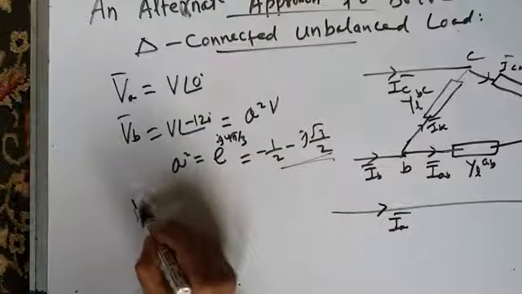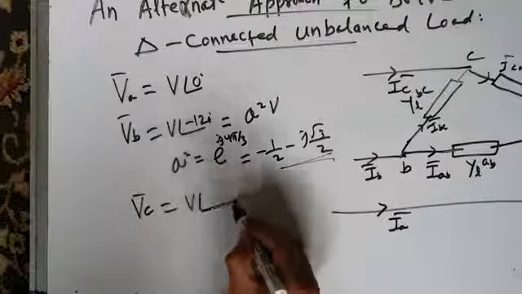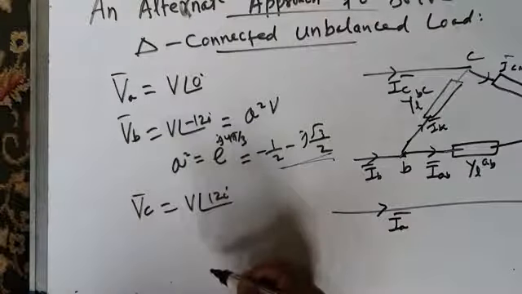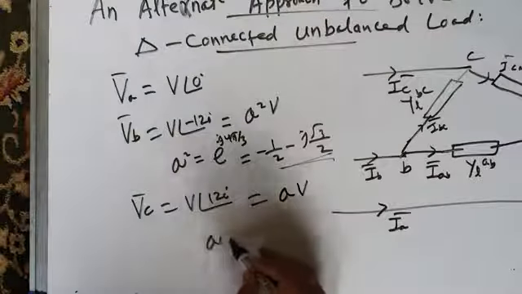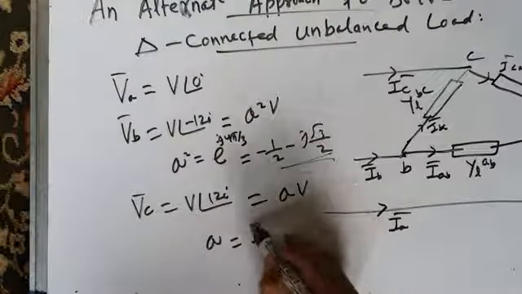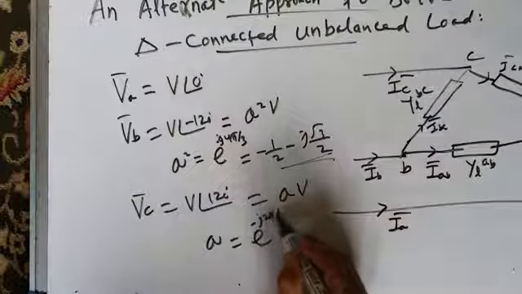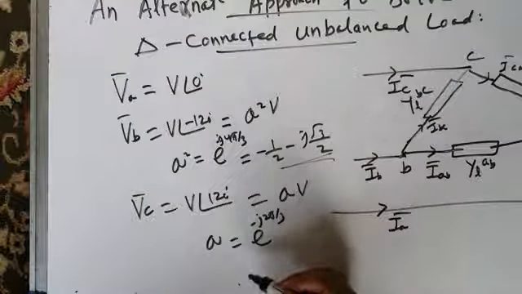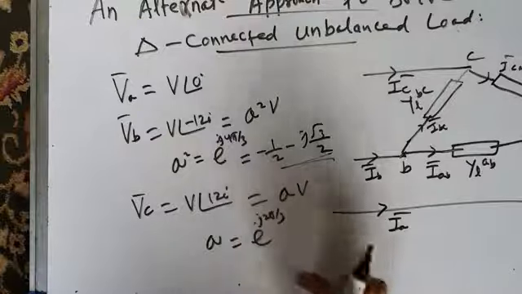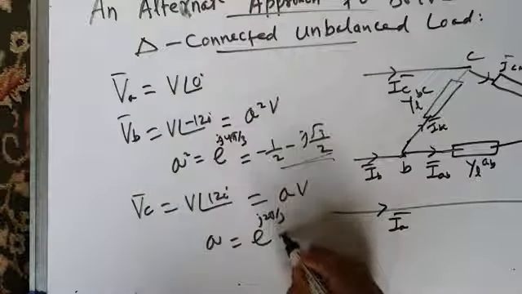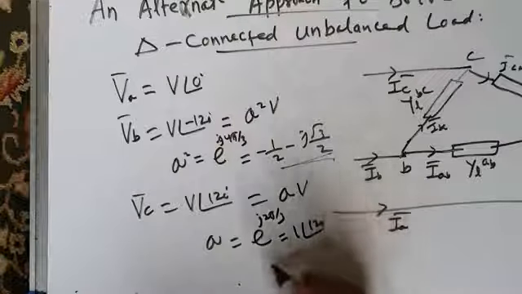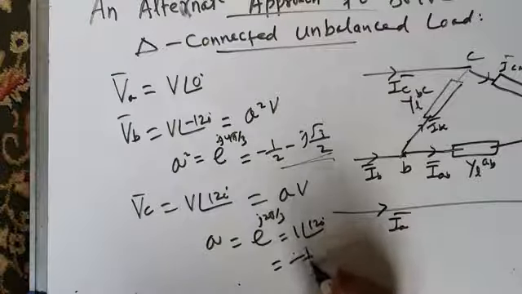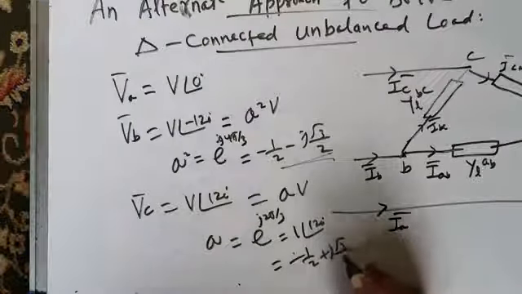Similarly, VC is V at an angle of plus 120 degrees, and that is given by A into V. What is this A? A is e raised to the power j 2 pi by 3, and it is equal to 1 at an angle of 120 degrees, which is minus 1 by 2 plus j root 3 by 2.